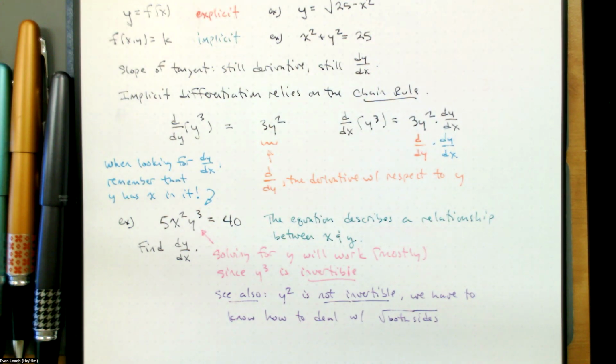So one strategy that we can employ here is to just solve for y. y is the cube root of 40 over 5x squared. If we were looking for things like critical points, you have to remember critical points happen when the derivative is undefined. In that case, the derivative of the function that we just proposed would be undefined at 0, and so that would be a critical point.